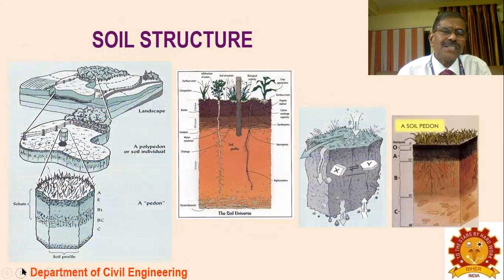Regarding soil structure, soil is available on the landscape. If you take a small, specified area of the landscape and take a sample, you can see the soil comprises very hard material at the bottom, then moderately hard soil at the intermediate level, then loose soil, and then loose vegetation on top.